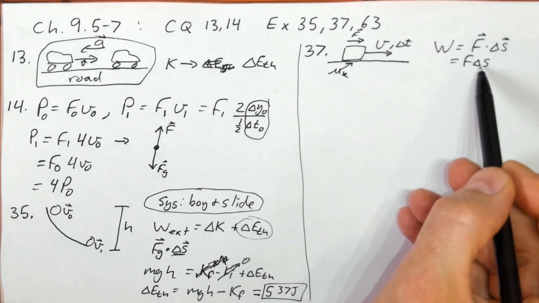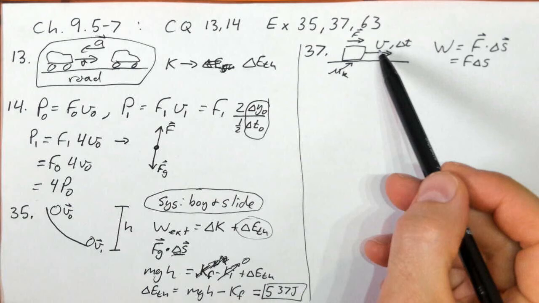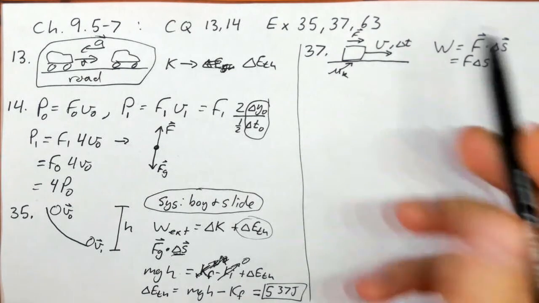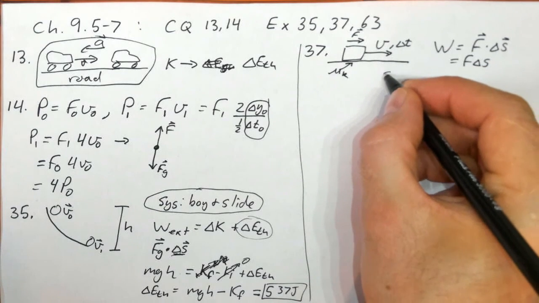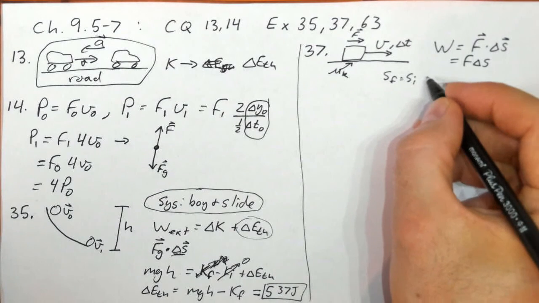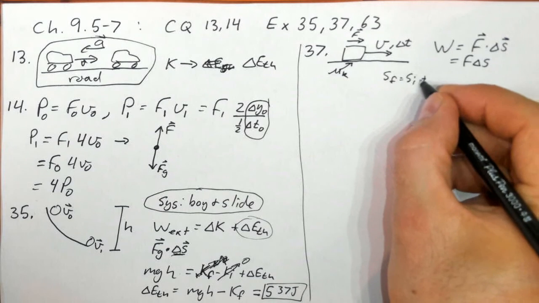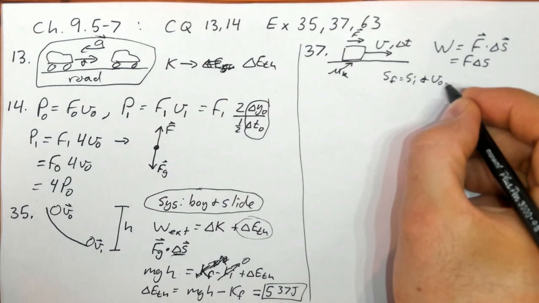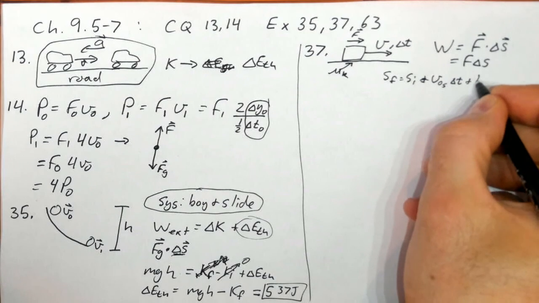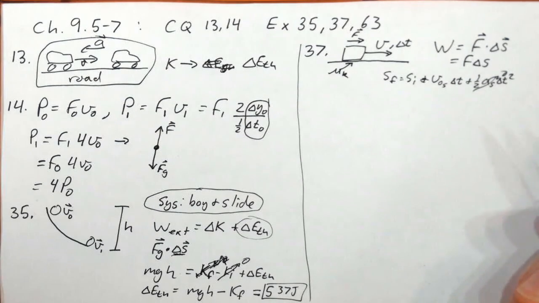So how would you find the displacement if we know its velocity and that velocity is constant, so no acceleration, and we know how long? Okay, so we can use this idea, S final equals S initial plus V0S times delta T plus 1/2 AS delta T squared, but AS is 0, it's not accelerating.